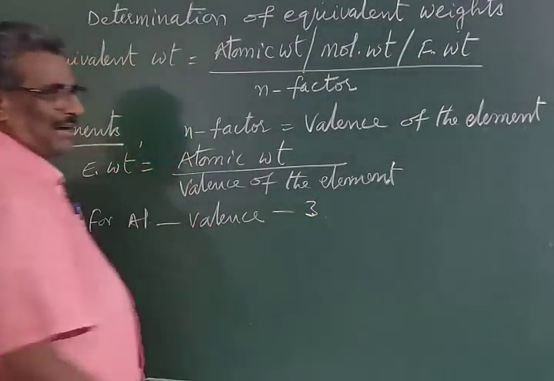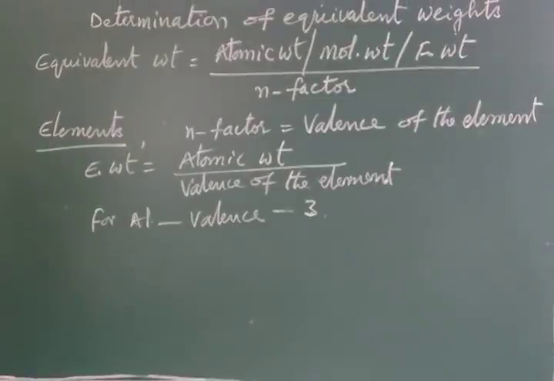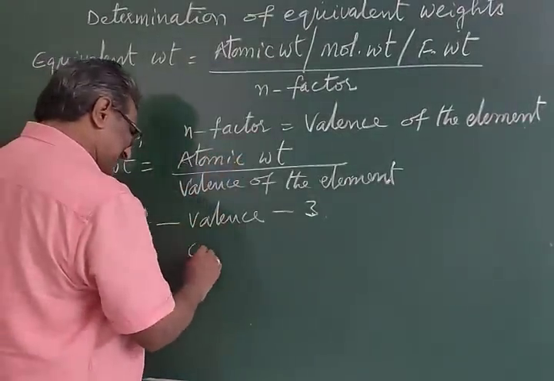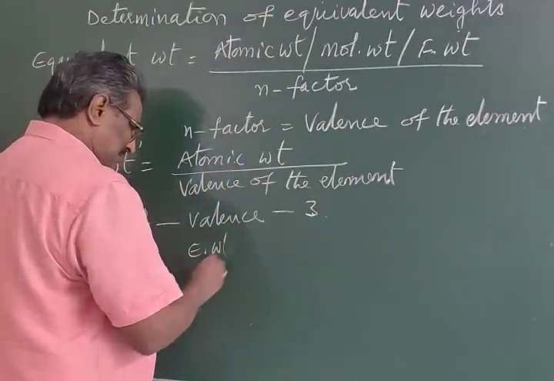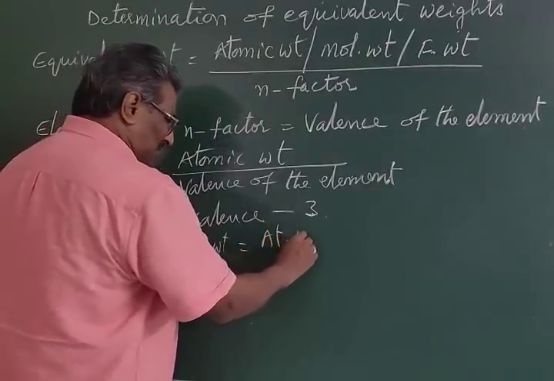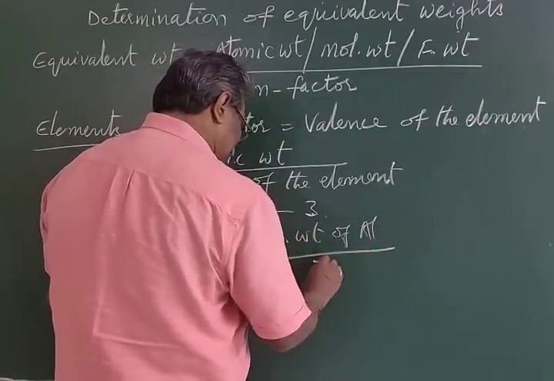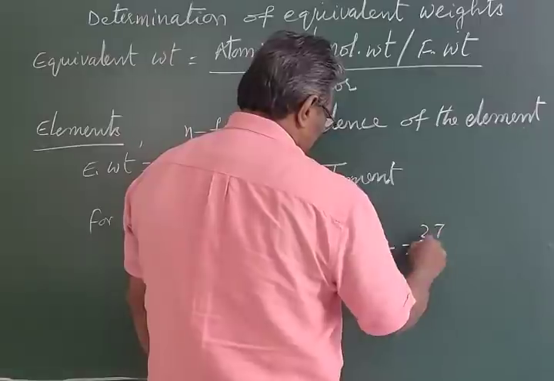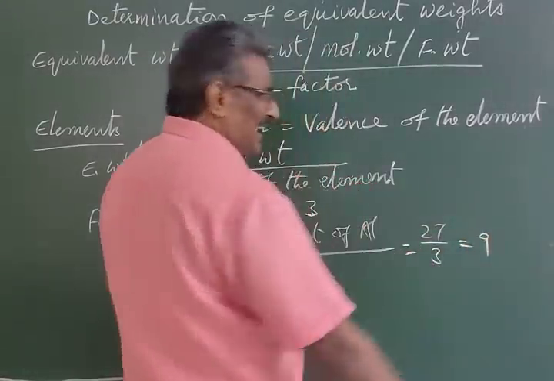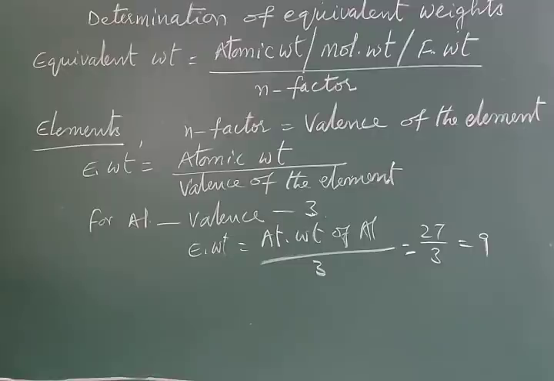As there are 3 unpaired electrons in the aluminium atom in the valence shell, its valence is 3. Because of that, equivalent weight is equal to atomic weight of aluminium by 3. That is 27 by 3, that is 9. Equivalent weight of aluminium is 9, atomic weight by 3.